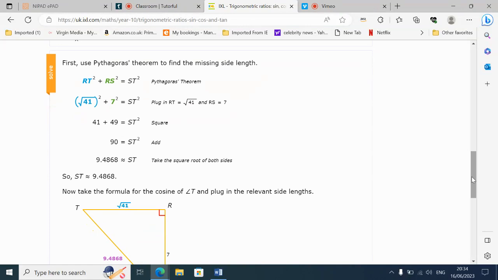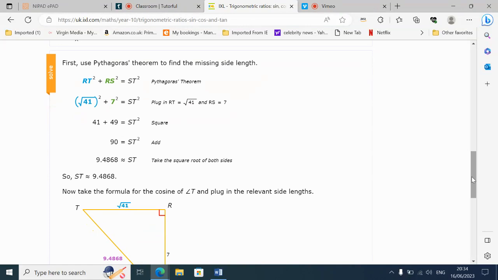So you add them up. Well, you need to find out what the square root of 41 squared is, and that's 41, because when you square the square root of 41, it just becomes 41. You take away that square root by doing that. Okay, and then 7 squared is 49, and then you add them up and you get 90.